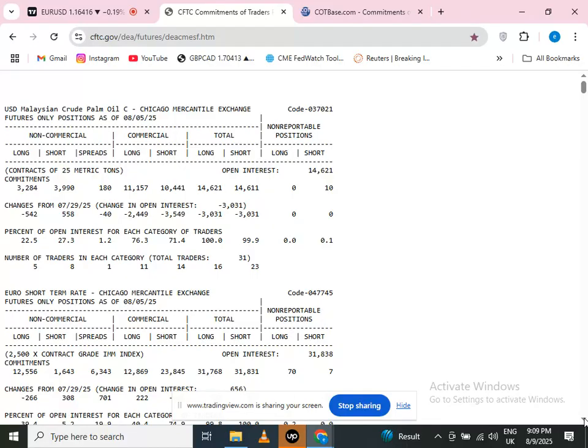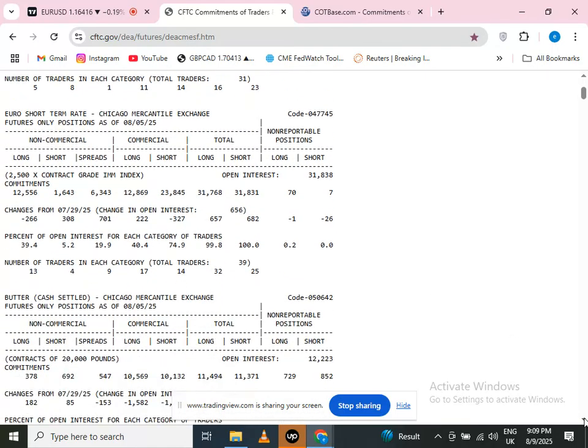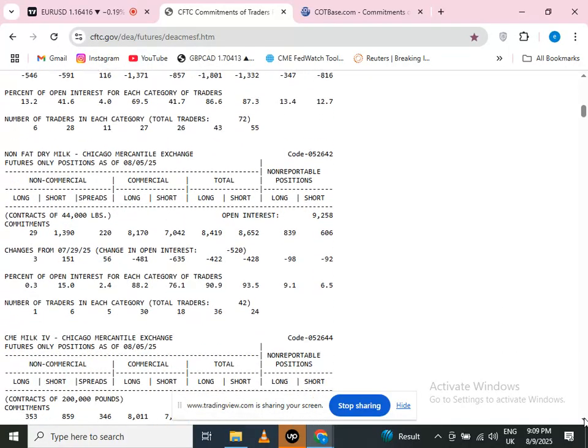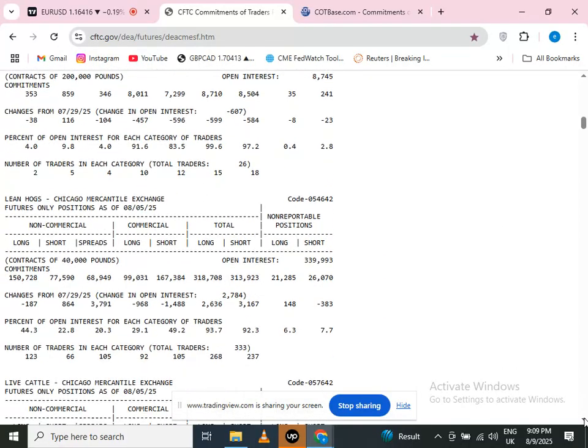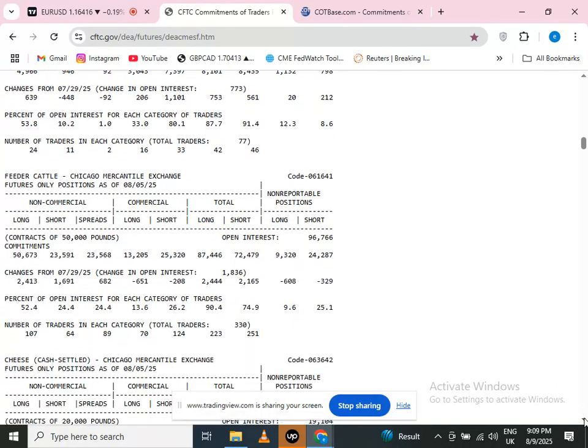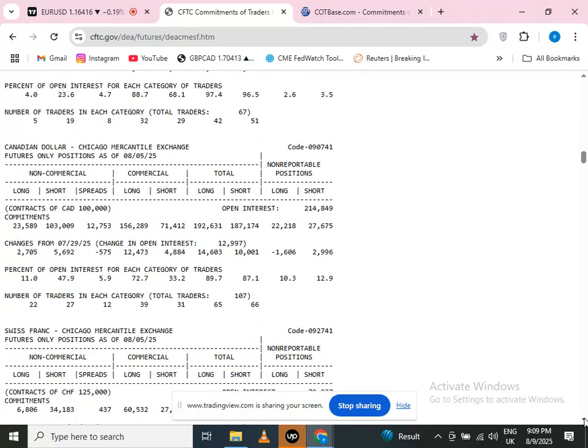There are many commodities, there are forex futures, and everything you see here is crude, palm oil. You have got everything, rubber, you've got milk. So let's take a look at the livestock. We have got feeder cattle, cheese.